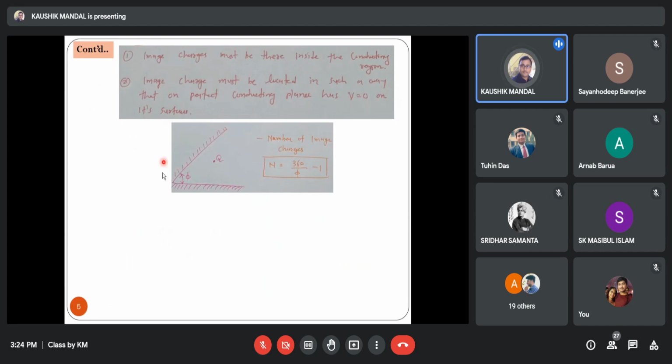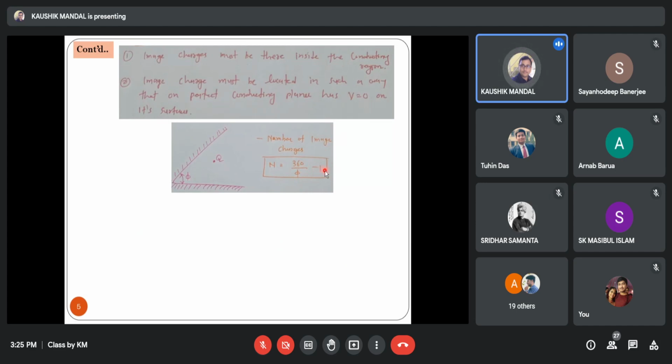If we consider this type of example, where we have two infinite ground planes making an angle of phi, and a point charge located between these two perfect ground planes, then the total number of image charges will be 360 degrees divided by phi, minus 1.